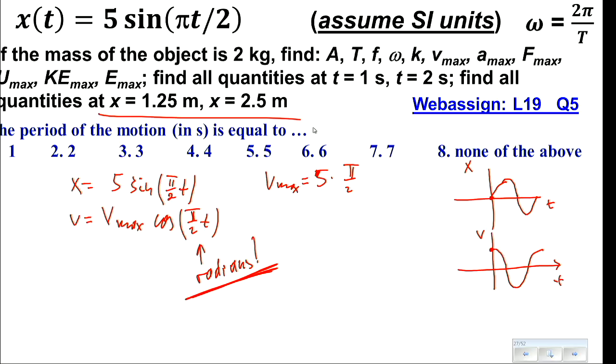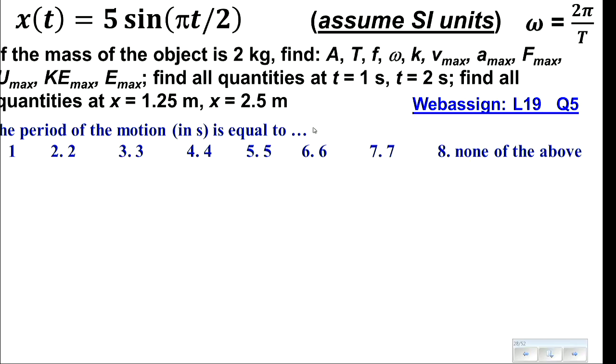This part might be a little bit trickier. We are given a location. We have two approaches to extract information from a location. One, we can find the time. Second, we can use conservation of energy.